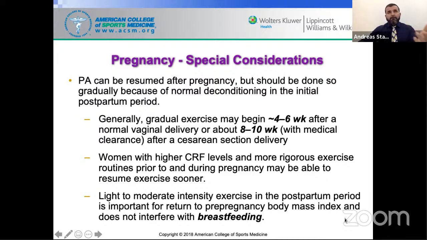So if your fitness status was higher before pregnancy, of course, it would be different for a woman like that compared to somebody who wasn't training before or whose CRF level was lower. So it really depends on your levels before, but also what kind of delivery and how the whole thing went. Okay.